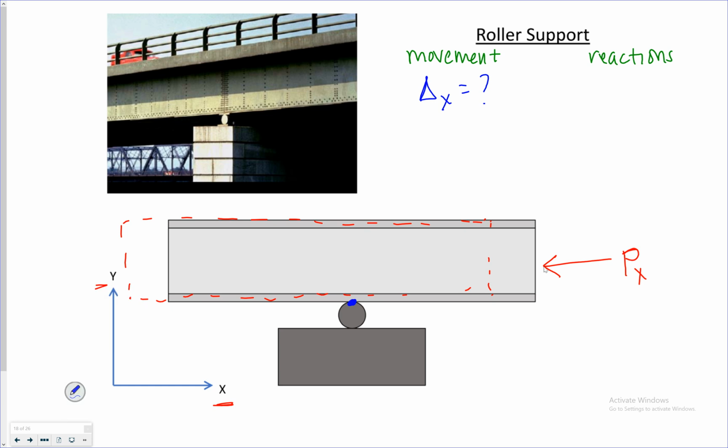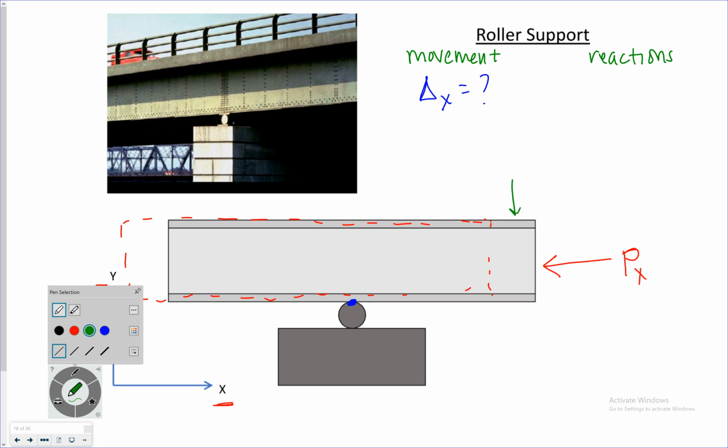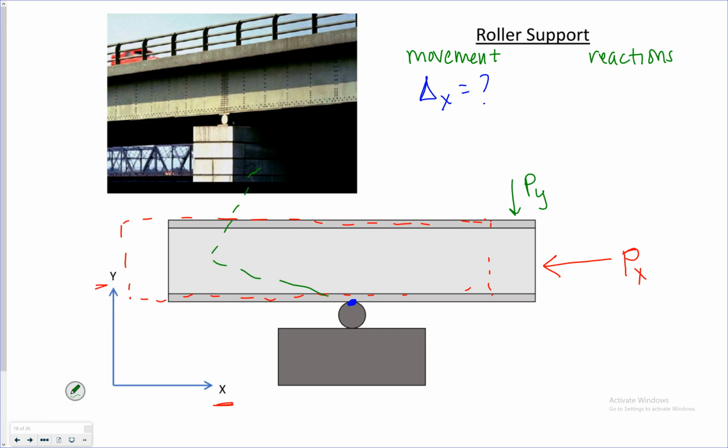Now let's see if I apply a vertical load right there. What happens? Well, I'm going to have a deflected shape like that, kind of like a seesaw.